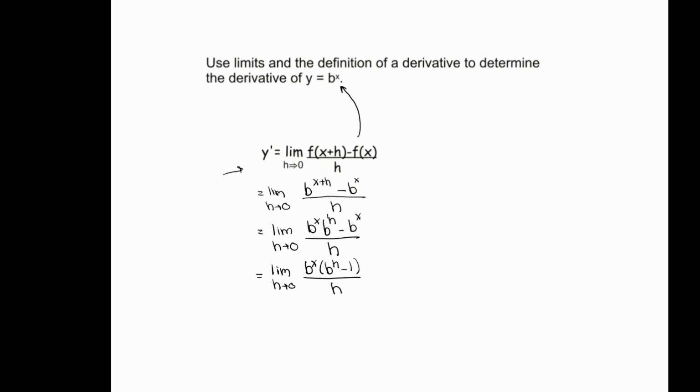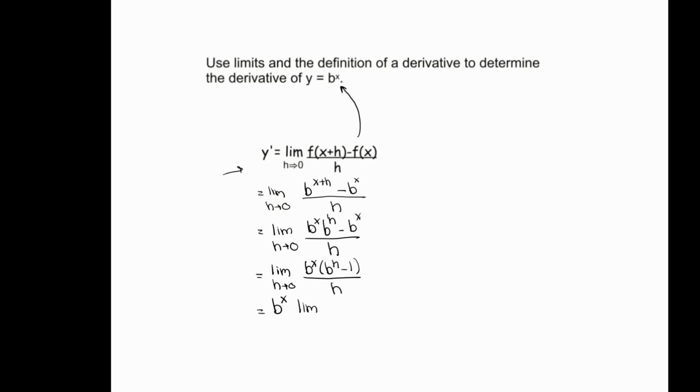Normally we would think of x as the variable, but here it's h that's approaching 0 and changing. So h is the variable and x in this case is the constant, so we can move it to the front, and we can move that b to the power of x right out in front of the limit.